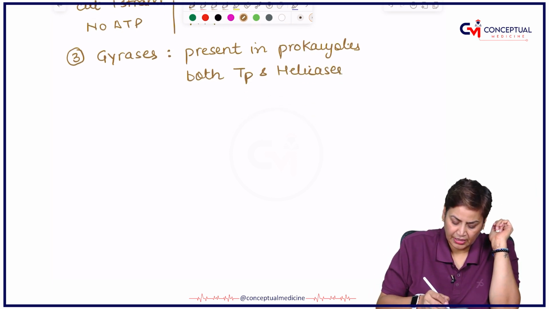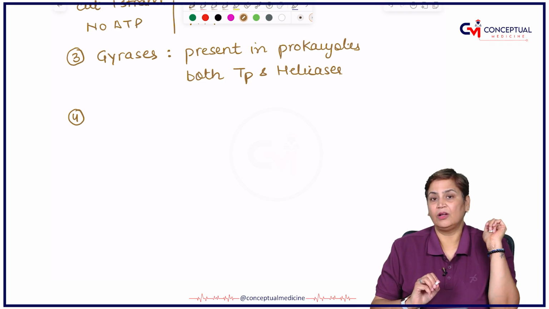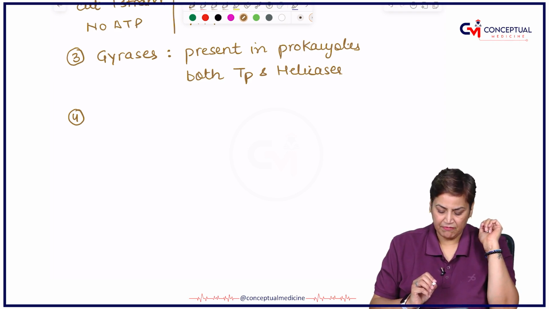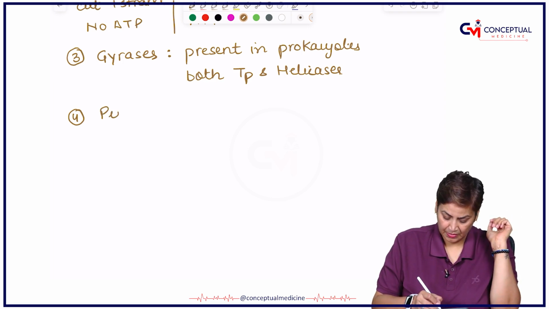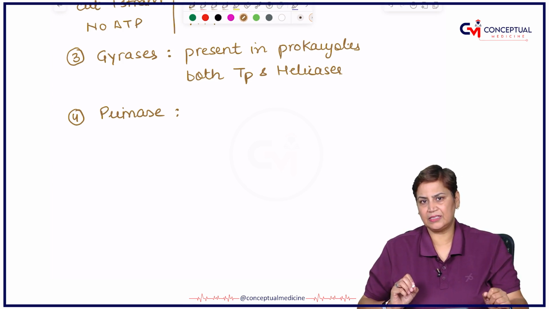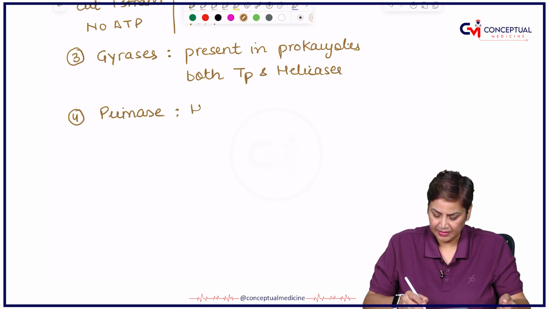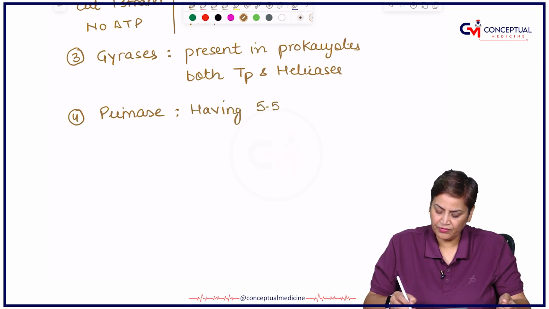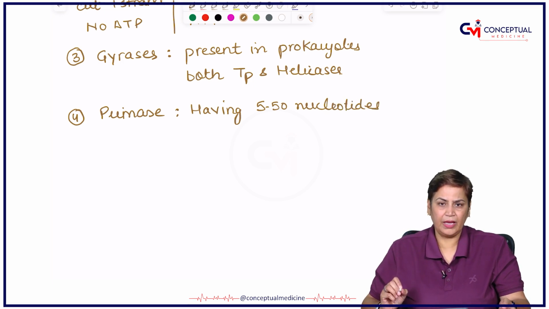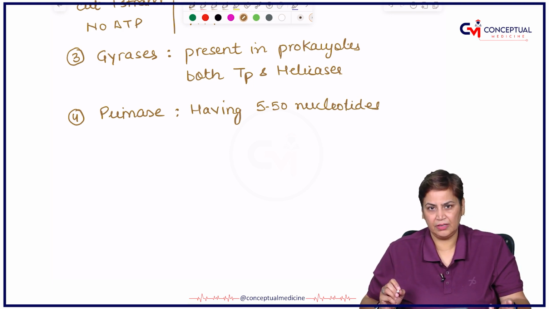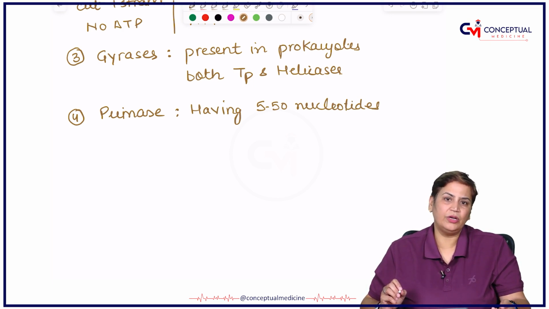Then the fourth important enzyme is, in fact, we call it a primase, right? So this primase is already having say 5 to 50 nucleotides, okay, and it's an RNA primer which is dependent on DNA.